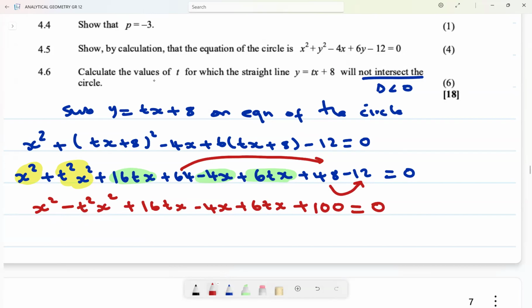So I'm going to take out x squared as a common factor: it's going to be (1 plus t squared) x squared plus, when I take out x as a common factor here, 16t minus 4 plus 6t. You agree? So 16t plus 6t is just the same as 22t.